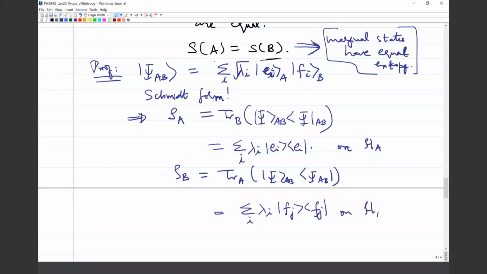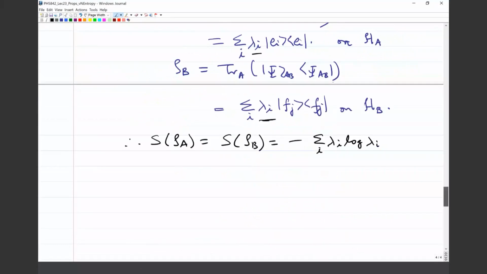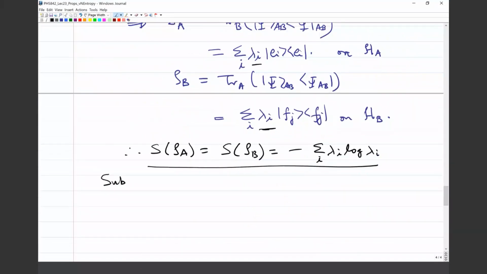But they have the same set of eigenvalues, and that is what matters as far as the entropy is concerned. Therefore, from the fact that you have a Schmidt form, one can show that S of rho A is the same as S of rho B, which is equal to minus sum over i of lambda_i log lambda_i. This is often called the subsystem von Neumann entropy.